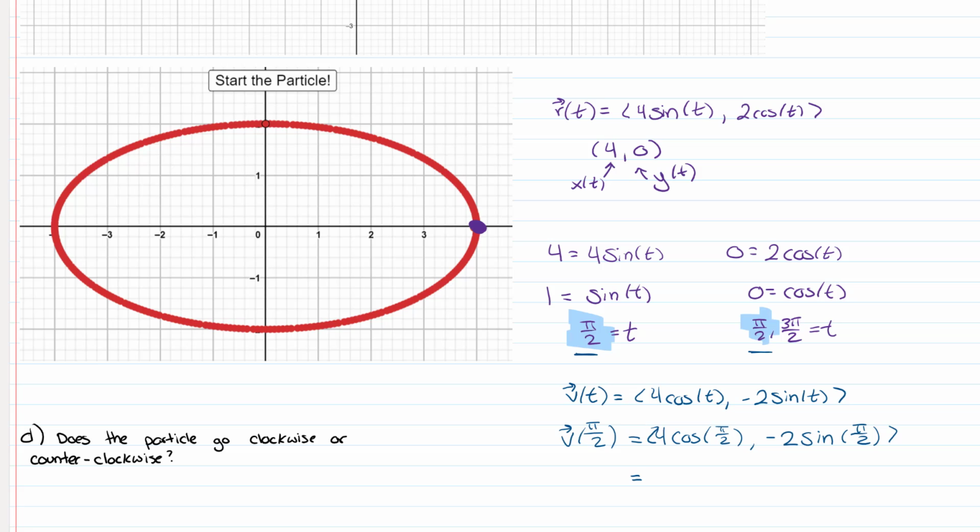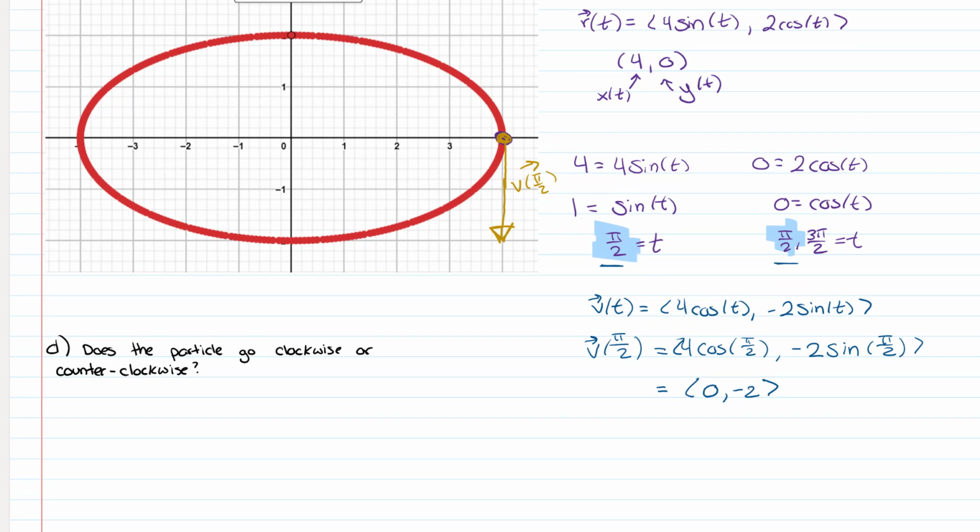So that's going to give me 0, comma, negative 2. So that means my vector is pointing down 2. So I'm going to draw a vector that starts here and goes down 1, 2. And this is my velocity vector at pi over 2.